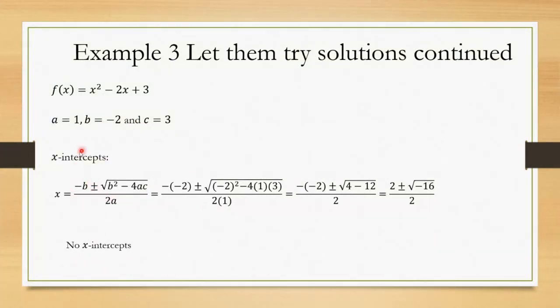So we have -2 plus or minus the square root of (-2) squared minus 4 times 1 times 3, over 2. You go through all this, but you can see that we have the square root of -16 here. And because of that, there are no x-intercepts, right? Because the square root of a negative is not a real number.